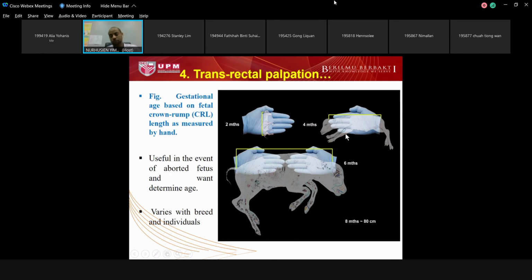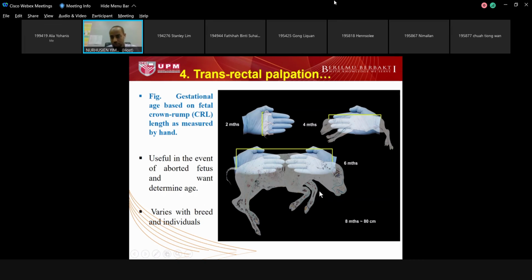And then if you have an abortion that took place around 4 months, then you are expecting a fetal size that extends from the beginning of the palm side of your hand to the tip of your hand. So the longitudinal axis; this was the width, but this will be the longitudinal. So it is going to be like the size of a small cat.